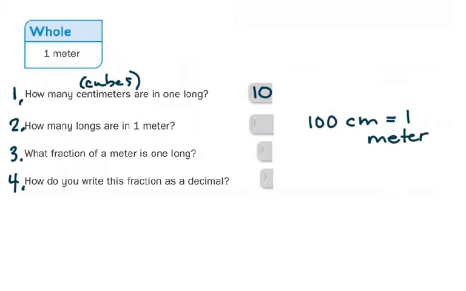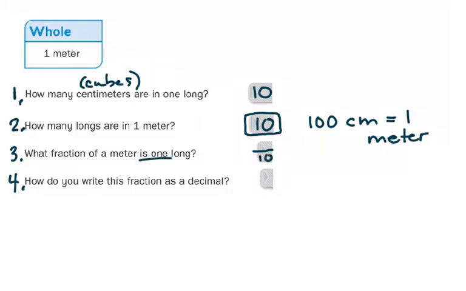So see if you can answer this next question. How many longs would be in 1 meter? There would be 10 longs. What fraction of a meter is 1 long? Well, remember, what would I put as my denominator if I know this is how many longs it takes to cover the entire length of the meter, that becomes my denominator.